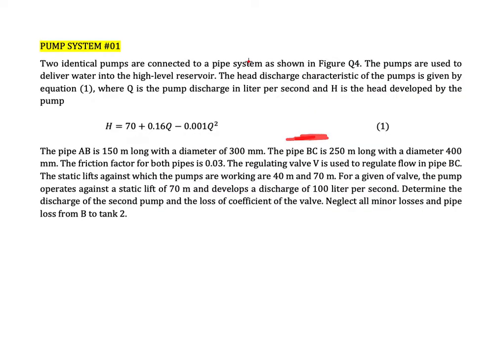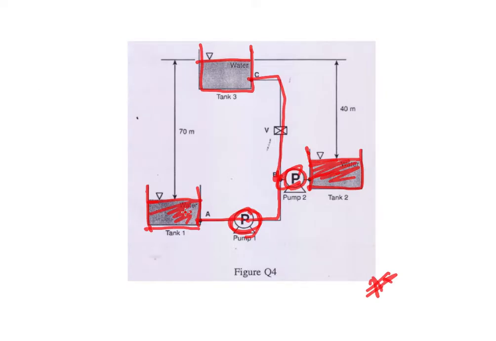Okay, so from the question here, we need to determine the discharge of the second pump and the loss coefficient of the valve. So we need to calculate the discharge of the second pump here.